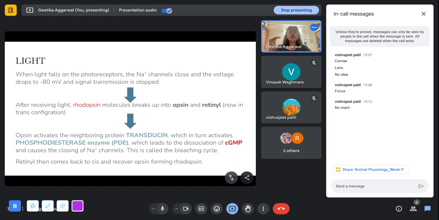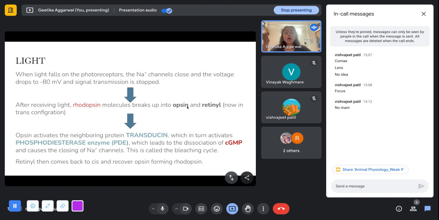So what happens is when light falls on the cell, the rhodopsin molecule gets broken up into opsin and retinal. Since rhodopsin is made up of both opsin and retinal, when light falls on rhodopsin, it breaks up again into opsin and retinal. And this retinal converts into the trans configuration.